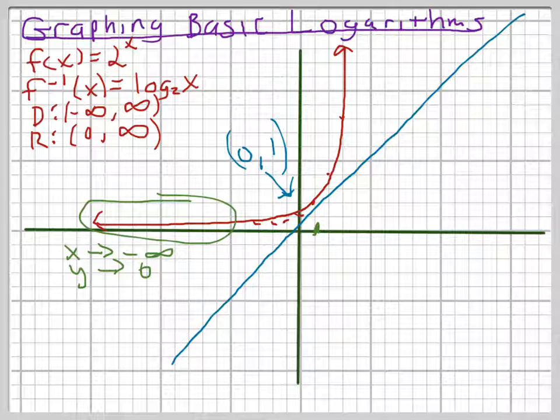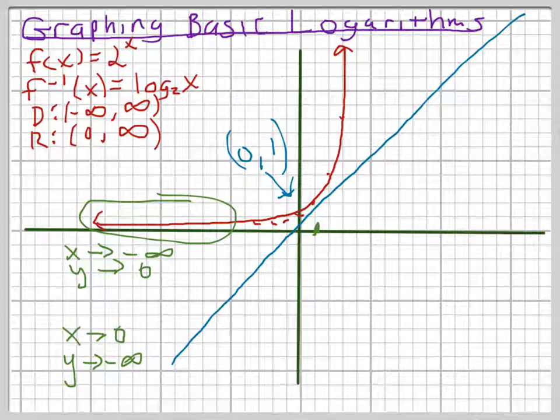So as x goes to 0, in this case from the right, y is going to go to negative infinity.